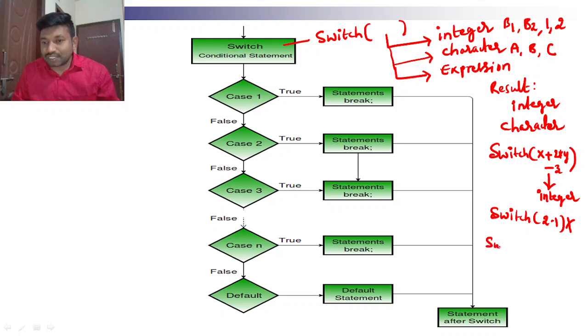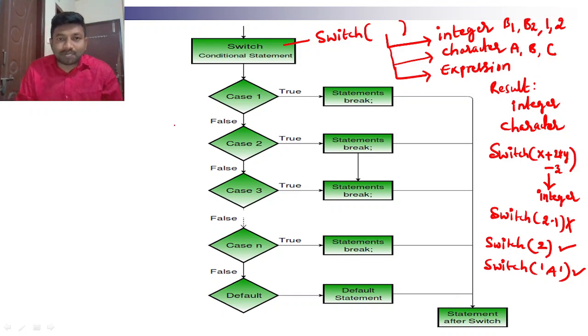I can say switch 2, which means go to block 2. This is okay. I can say switch character, and let it be in single quote. It is okay. For the switch, you cannot supply real numbers and also strings. So let us see. For example, if I write switch to go to block 2, I can specify it like this.